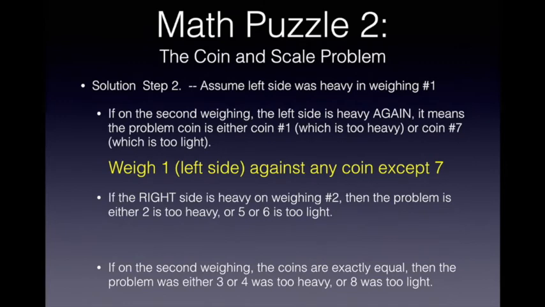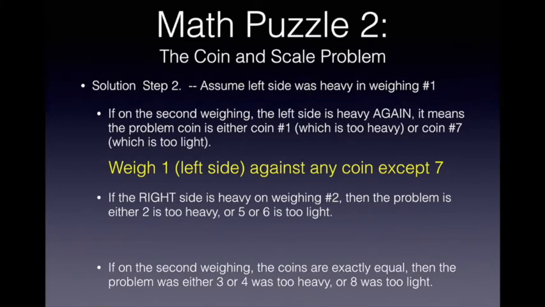So if on the second weighing, the left side is heavy again, in other words, if the situation didn't change, we were heavy on the left on the first weighing and heavy on the left on the second weighing, then we're going to weigh coin number 1 against any coin that we now know to be good. That's any coin except for coin number 7. Because we know the problem is either coin number 1 is too heavy or coin number 7 is too light.